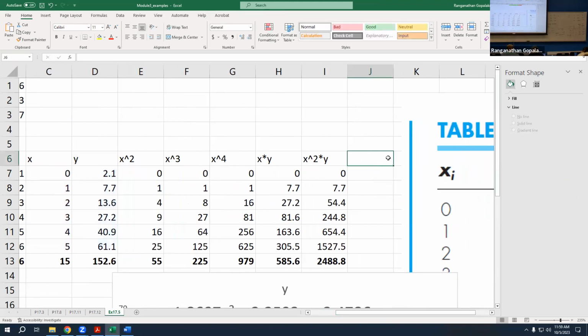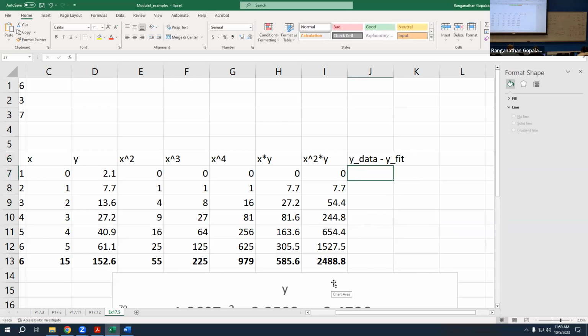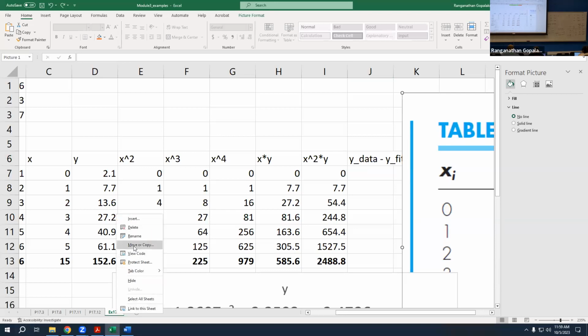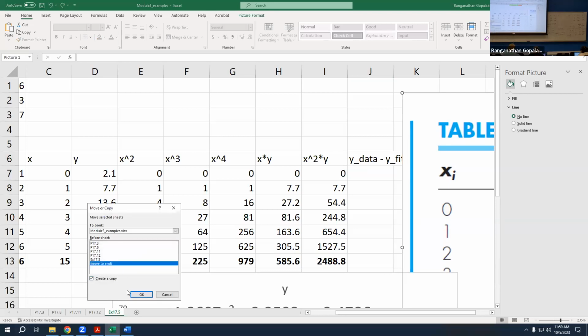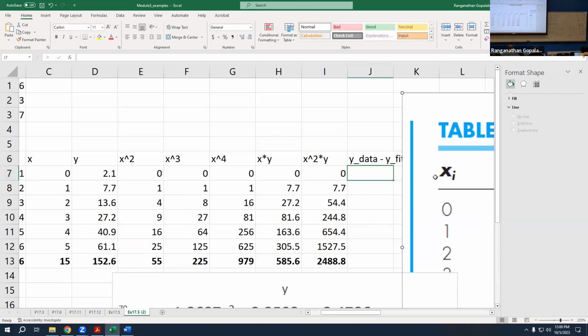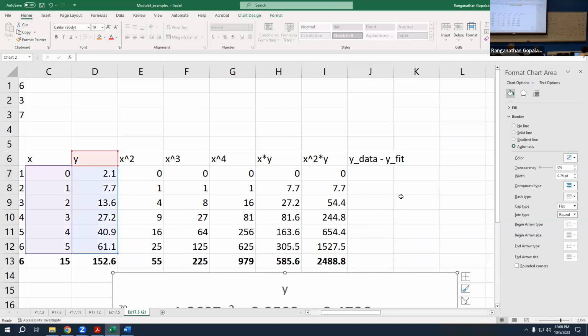You can compute a quantity which compares the fit minus the data: Y fit minus Y data, or Y data minus Y fit.